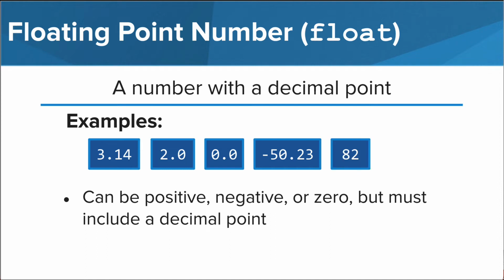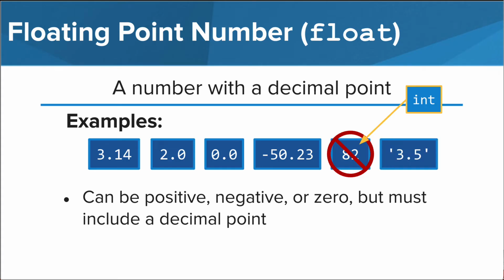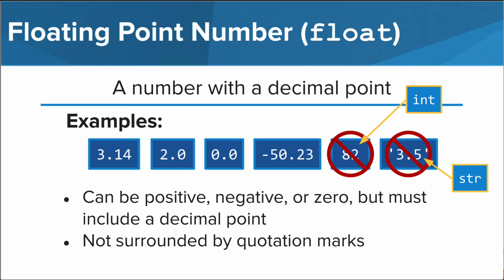So, do we think 82 would be a float? No, this is an integer data type because it does not include a decimal point. What about this value? Just like in our last slide, we learned that anything surrounded by quotation marks is a string, so this would be considered a string, not a float.